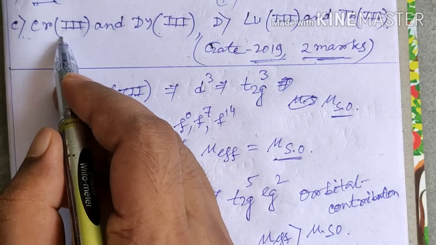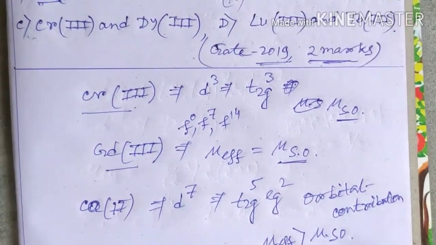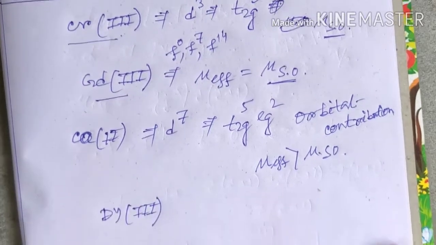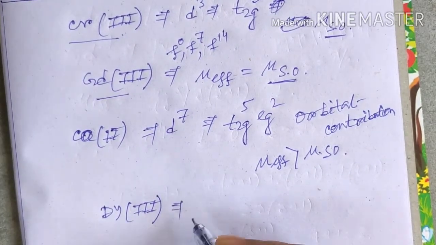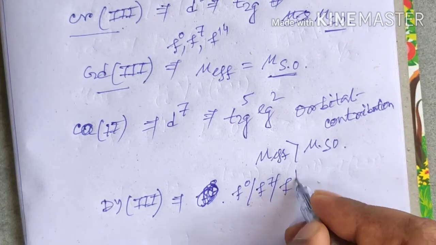For option number C, for chromium, it is okay that the magnetic moment is equal to spin only values. For dysprosium, the electronic configuration for the dysprosium 3+ ion is not f0, f7 or f14.